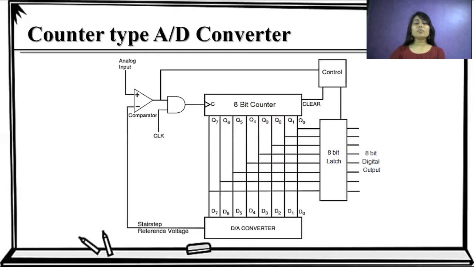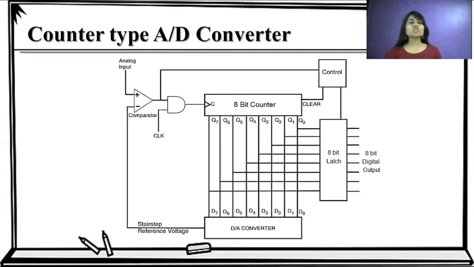Here we have a basic diagram of the counter type analog to digital converter. In this we have an 8-bit counter type analog to digital converter, so for 8 bits we have an 8-bit counter. This 8-bit counter produces a total of 8 bits from Q0 to Q7. Now this Q0 to Q7 is given to the digital to analog converter to convert the digital information into analog information, and this analog information is compared with the actual analog input.